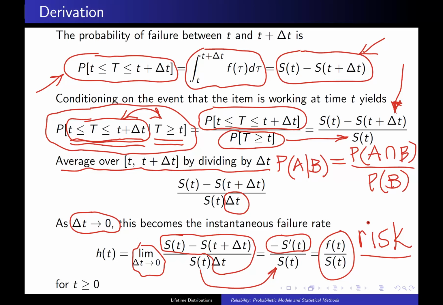However, if this probability of failure in the next instant is high, then its risk is high. So when you see this interpreted as risk, think of it as the probability of failure in the next instant being higher or lower depending on the height of the hazard function. And once again, we are looking at positive random variable T, so this is good for t greater than or equal to 0.